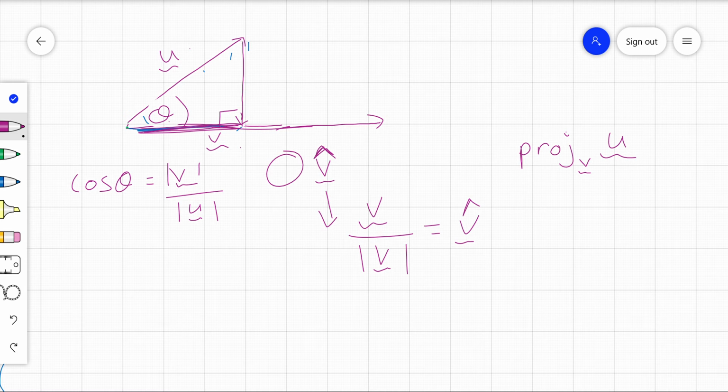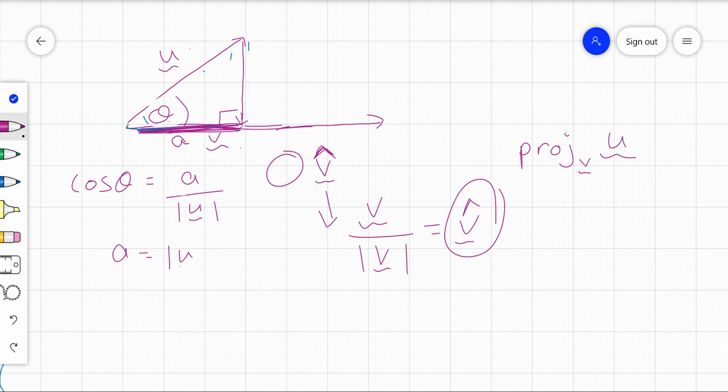And I shouldn't have said vector v there, should I? The whole vector is vector v. If I just want this bit here, let's call it a, I just want that length a. So I can scale my unit vector v. If I just rearrange that, what have I got?